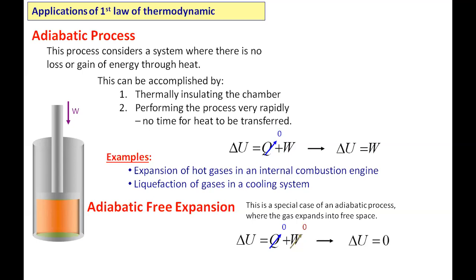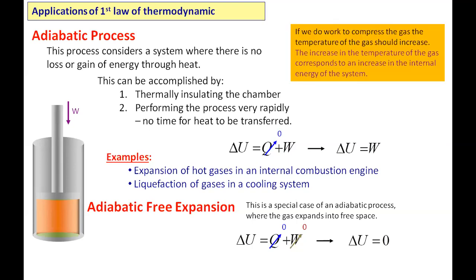This means in adiabatic free expansion, the change in internal energy equals 0. So if we do work to compress the gas, the temperature of the gas should increase. The increase in temperature of the gas corresponds to an increase in the internal energy of the system.